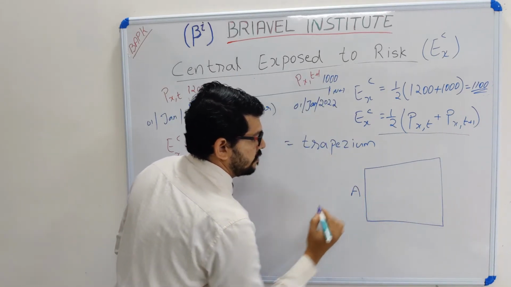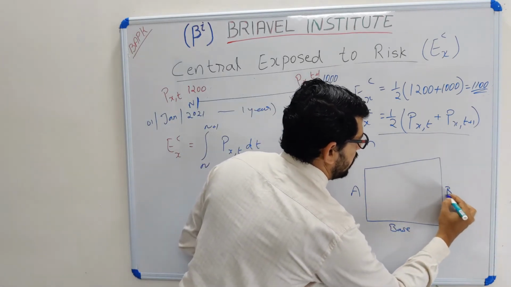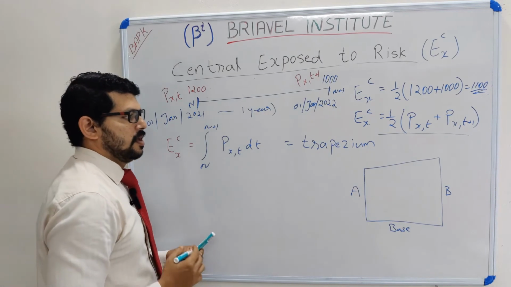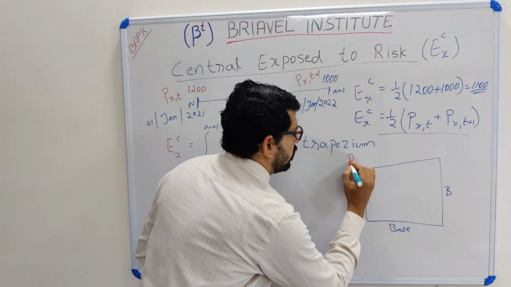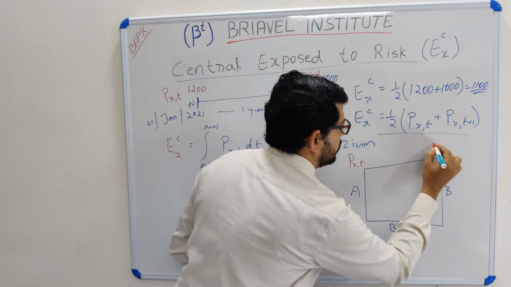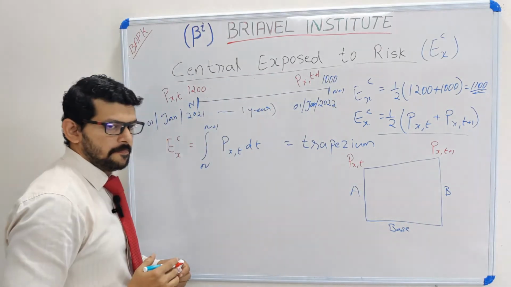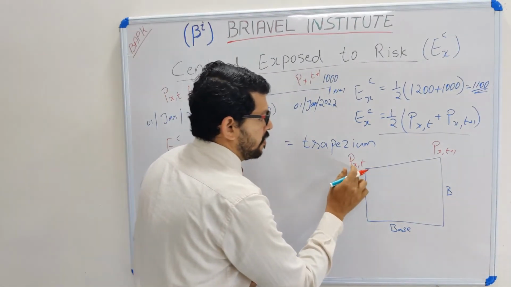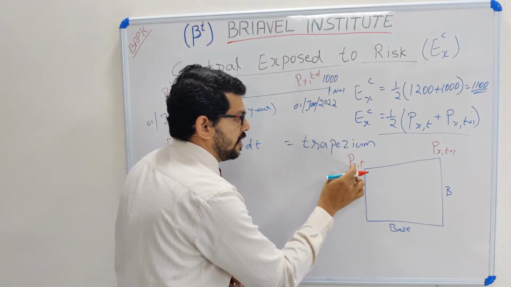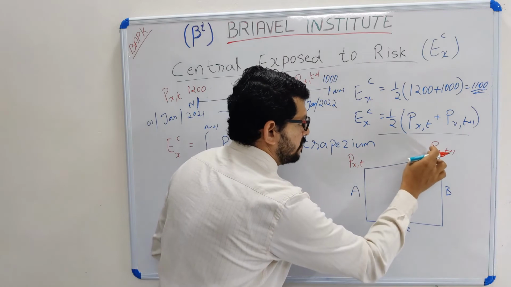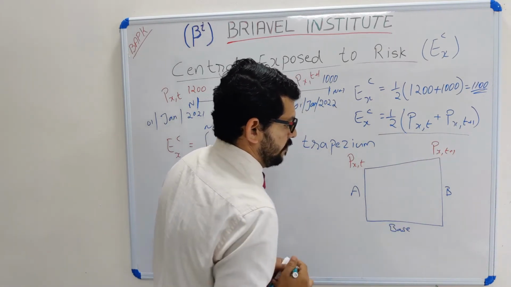This is the length of side A, it is the base, and this is the length of side B. Length A we call P of h comma t, the number of lives alive at time t at age h, and length B is P of h comma t plus 1, the number of lives alive at time t plus 1 at age h.